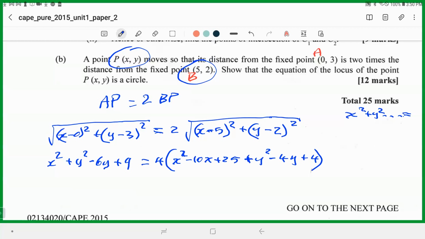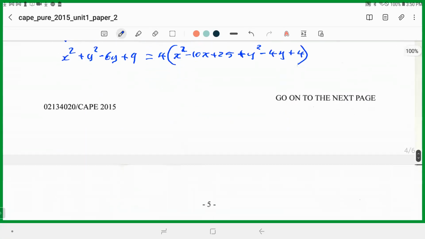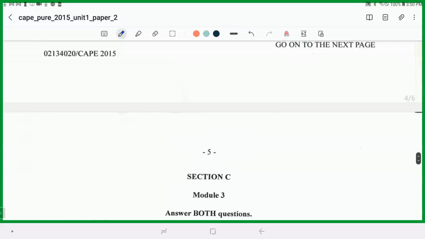That's what we're going to get. And this has to be simplified down.